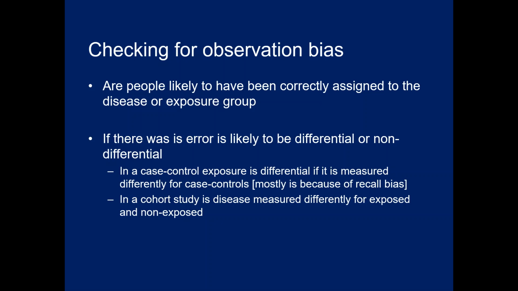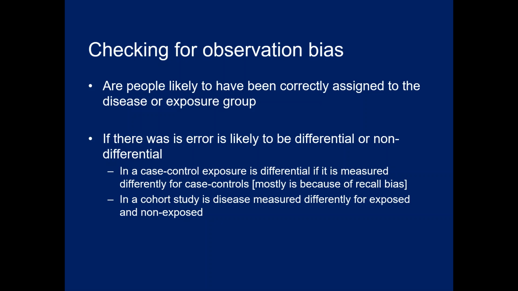So just to recap, observation bias is when we measure something incorrectly, whether it be the study factor, whether it be the confounder, or whether it be the outcome. We want to know if it's likely to be differential or non-differential, because that helps us work out which direction the effect might have been in.